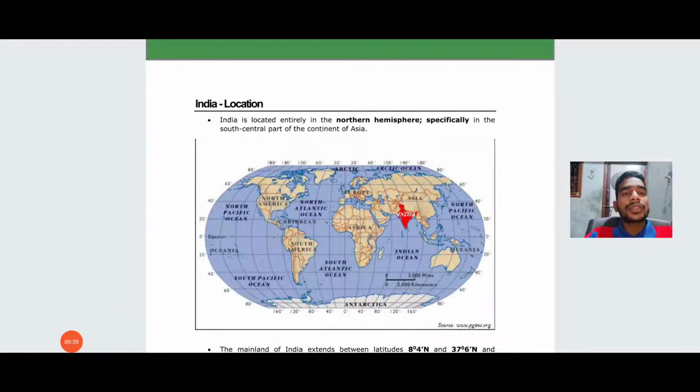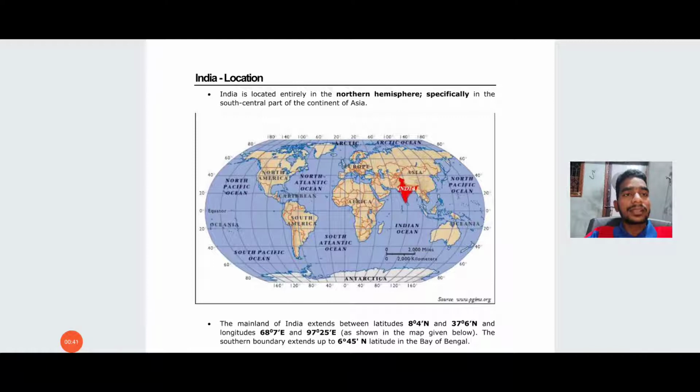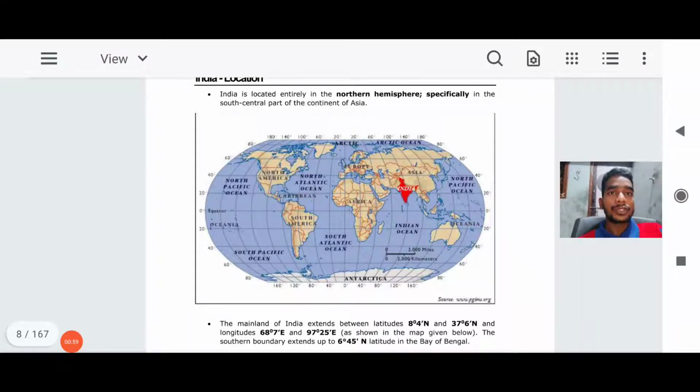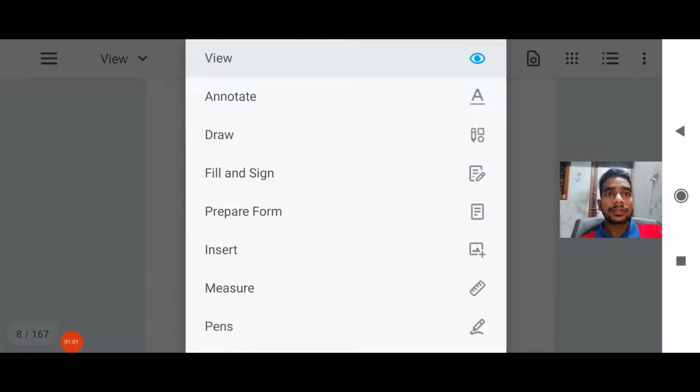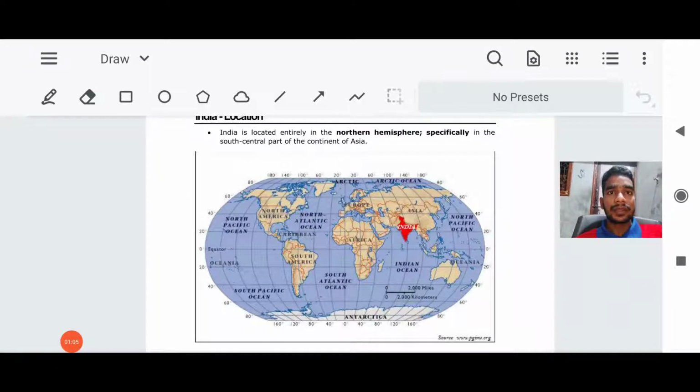So with the location, you can see that India is located in the northern hemisphere. With the help of a globe, we can see that India is located in the northern hemisphere, and especially in the southern part of the continent of Asia. To be specific, I can show you with a drawing.